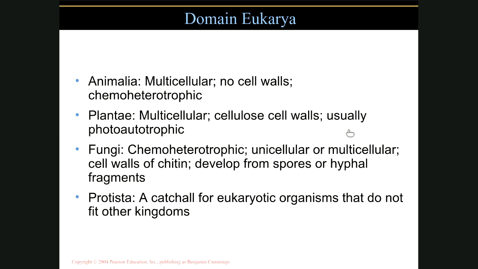So just to refresh, the domain Eukarya, we have animals, plants, fungi, and protists. They're all eukaryotes. Animals are multicellular. We do not crunch when we move, so no cell walls. We're chemoheterotrophs. What does chemoheterotroph mean? What's a chemoheterotroph?